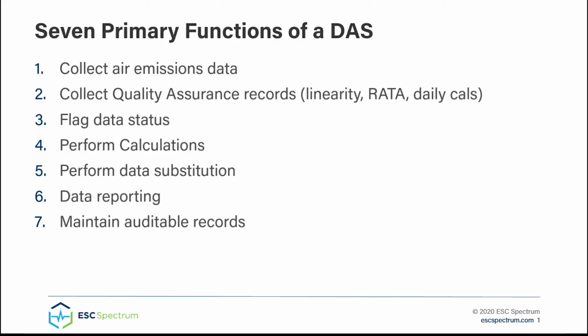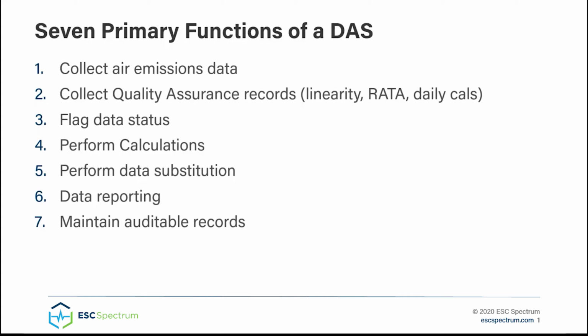These records are used to measure the validity and accuracy of the data collected. Third, the DAS flags data to indicate whether it's valid and in control based on regulatory requirements. Fourth, it performs calculations including generation of the required averaging intervals and some reporting parameters. And fifth, the DAS performs data substitution.